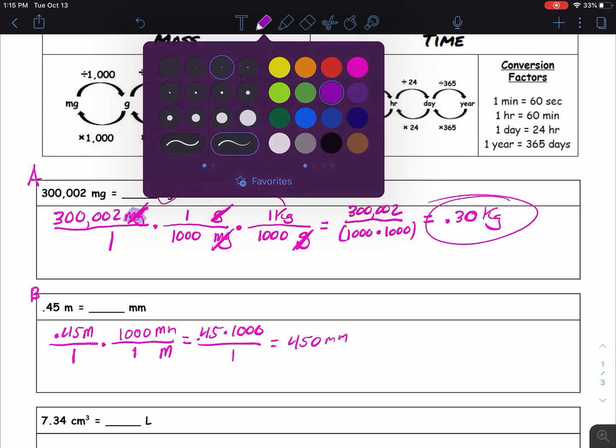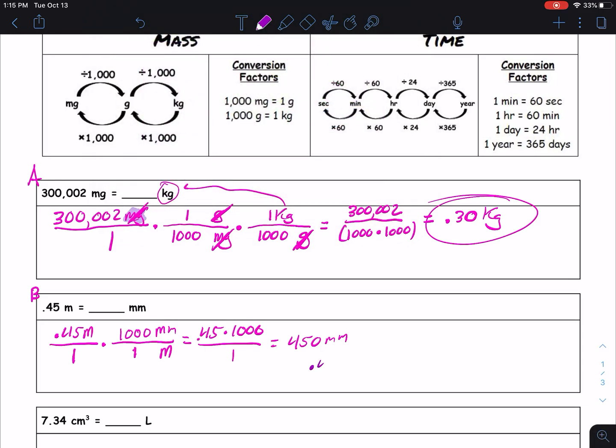The other way you could have done this is the two-step: 0.45 meters over 1, then 1 meter equals 100 centimeters, and 1 centimeter equals 10 millimeters, and you still come up with the same exact answer. Just one is two-step, one is a one-step.